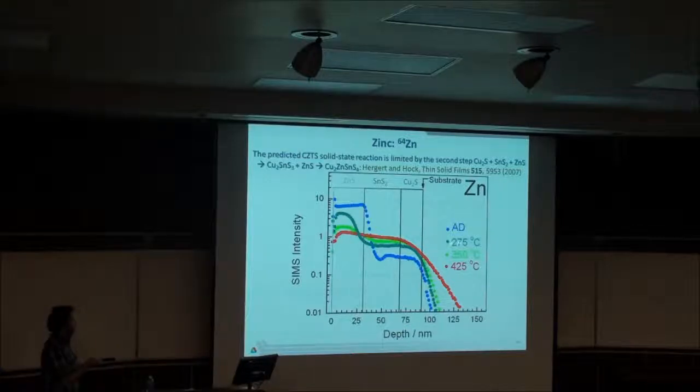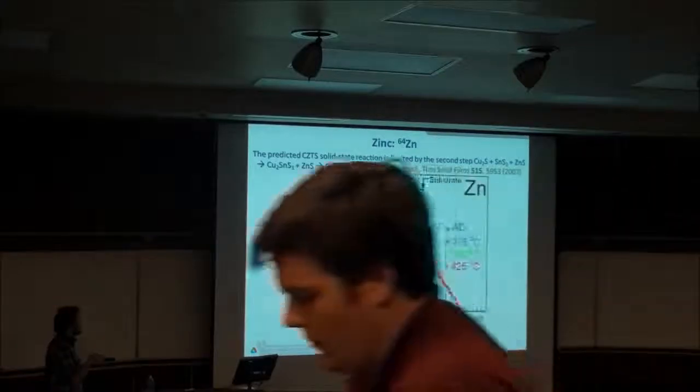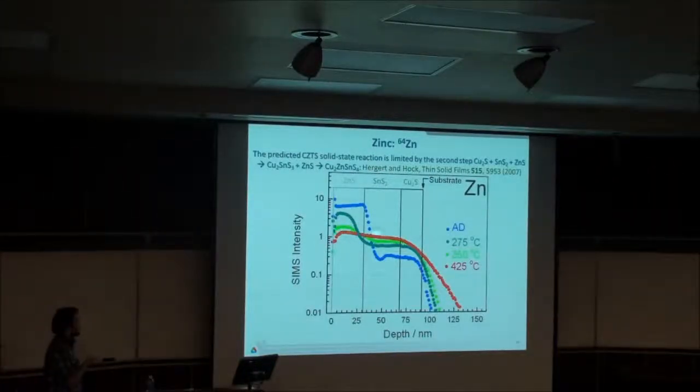It's also seen that once we increase the temperature of annealing, at 275 C zinc doesn't go really far towards the substrate, still keeping this peak, which is the zinc sulfide layer. Once we increase this temperature, at 425 C, we can reach some sort of planarization of zinc profiles through the whole structure.